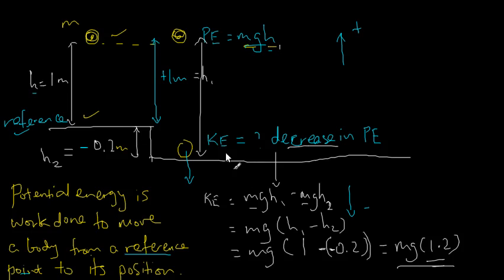Whenever I need to calculate the kinetic energy gain when an object falls, all I need is to use the same formula mgh and calculate this potential energy at the two levels, the starting level of the ball and the final level. Find the decrease in potential energy, and that would give me the gain in kinetic energy.